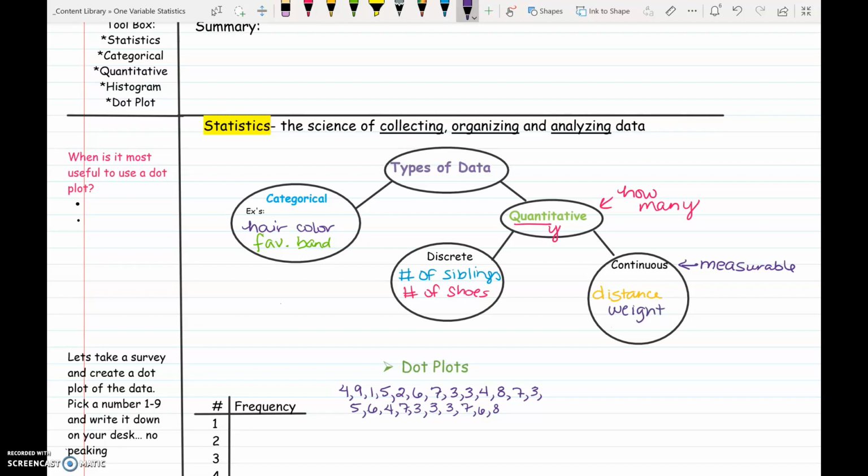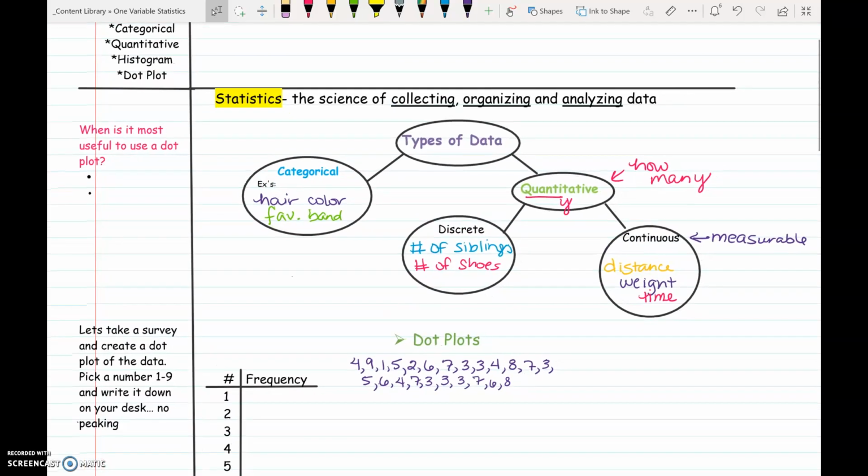Distance, feet, weight, pounds. What are some other ways? Time. Minutes, hours, things like that. So continuous data is things that are measurable. I can get pretty precise with those measurements, whereas discrete data is only whole numbers.